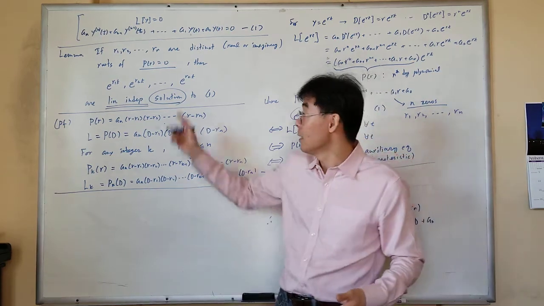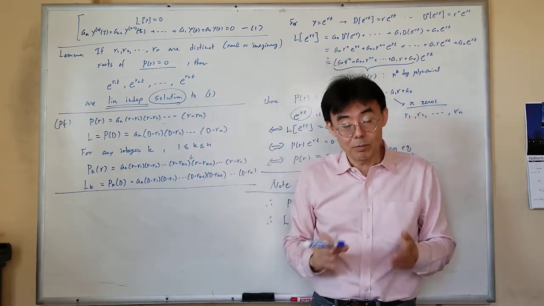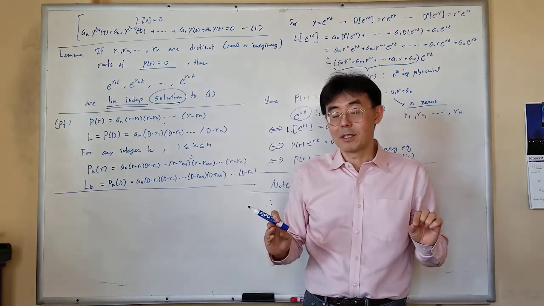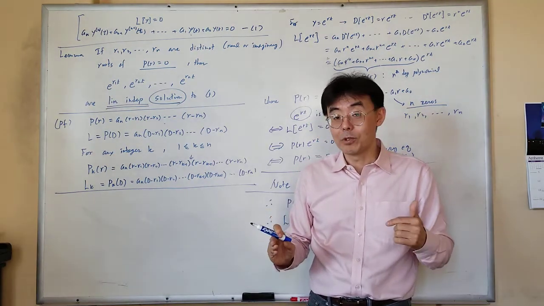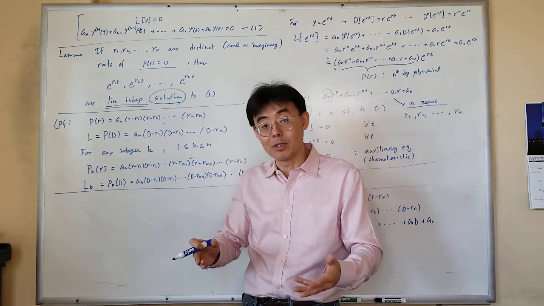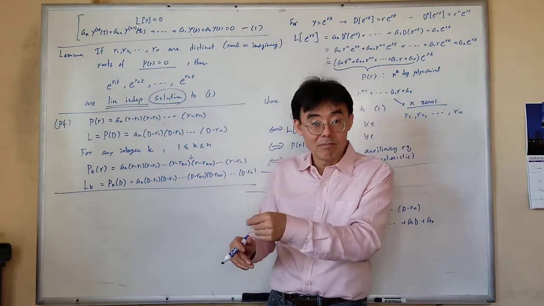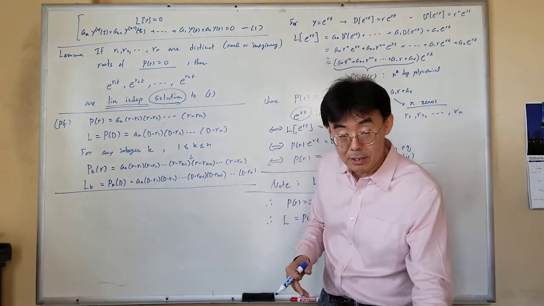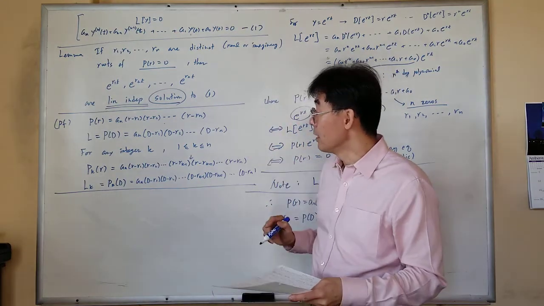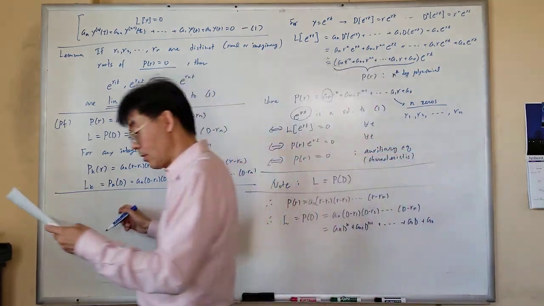Then we say that they are linearly independent, which means there is no magically disappearing linear combination for those functions. The only way you can make them disappear through a linear differential equation is by having the zero, trivial linear combination only. All right? So we want to prove that. So we have to start with this.